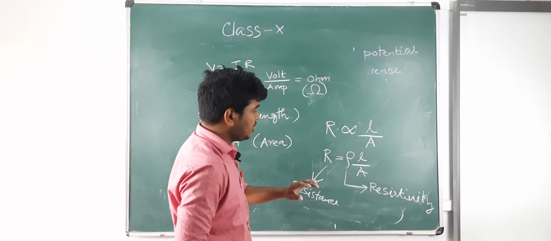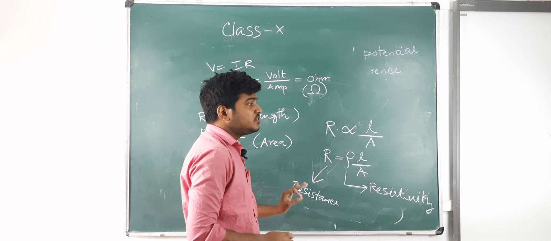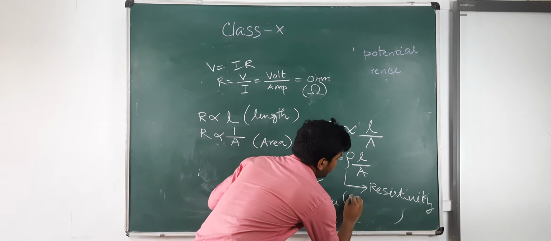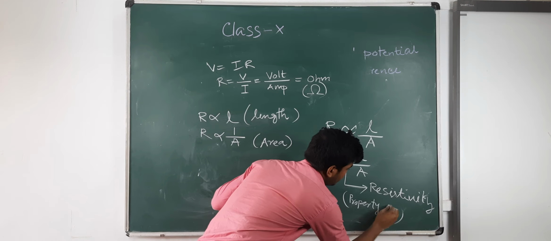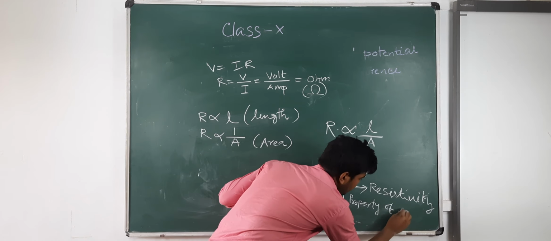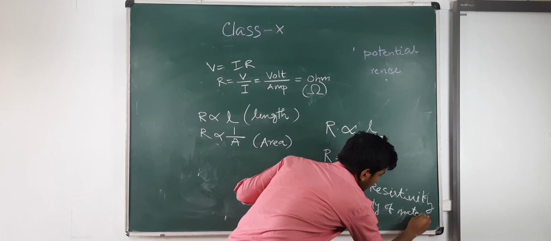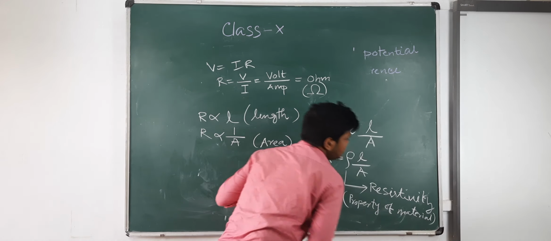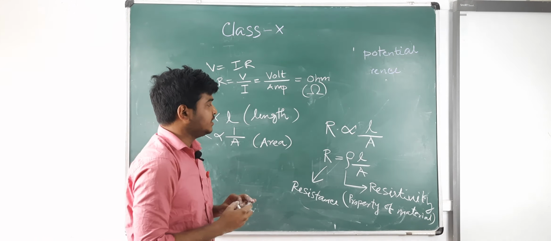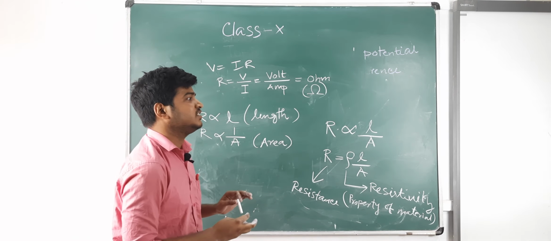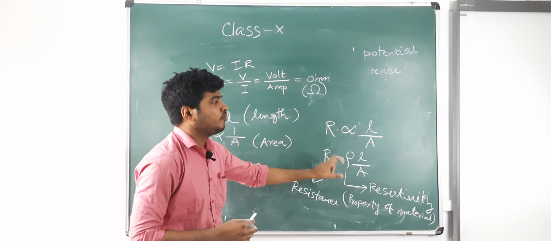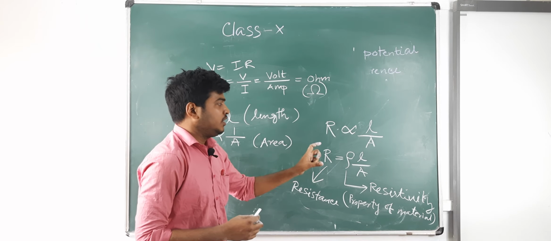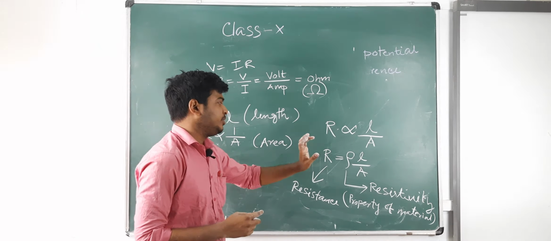Resistivity does not depend upon anything. Resistivity is the property of the material. The resistivity does not depend upon current, voltage, length, or area. It is the property of the material.